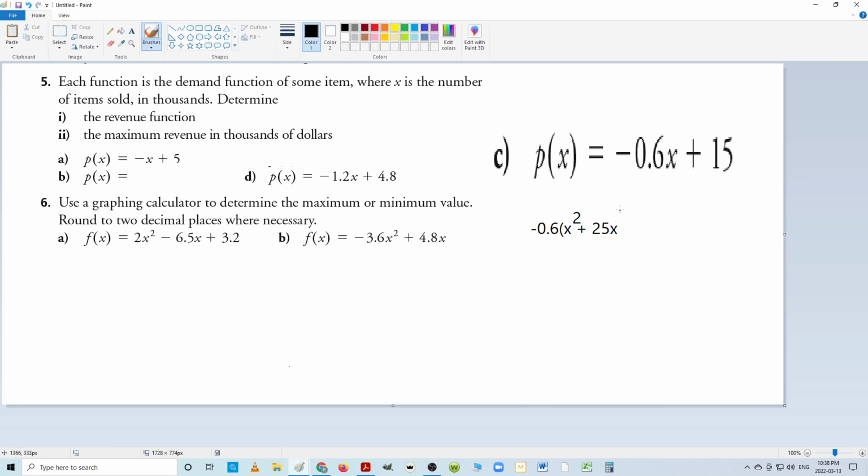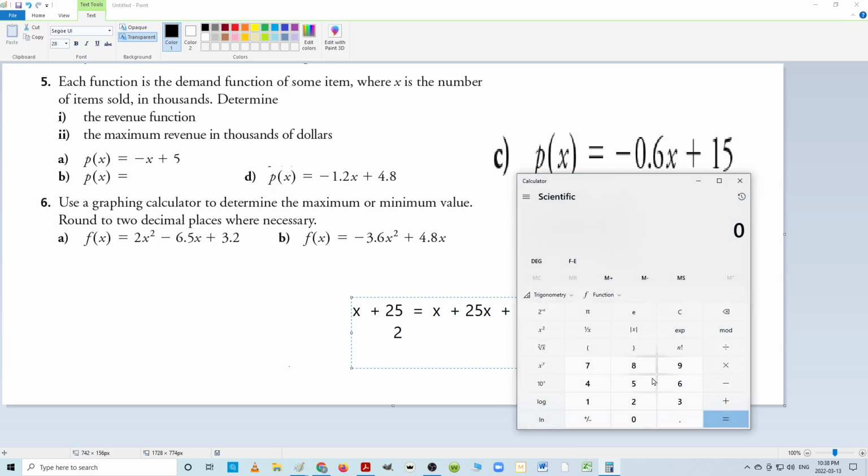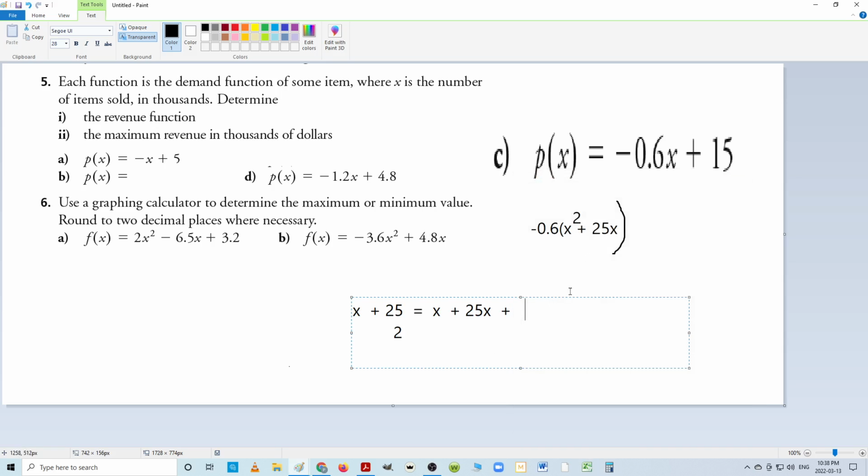And to figure out the perfect square of x squared plus 25x, I take the half of the 25, which is 25 over 2. And if I expand that, it becomes x squared plus 25x plus, oh, that's a tough one, eh? 25 over 2, 25 times 25, becomes 625 over 4.